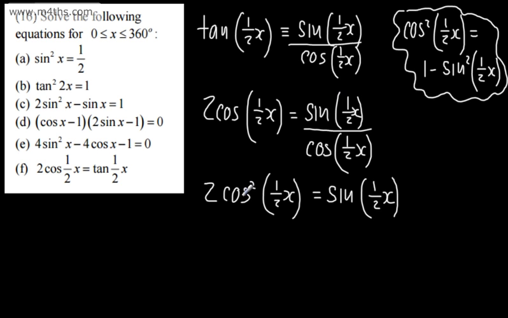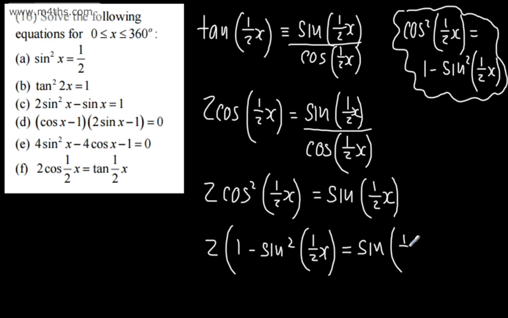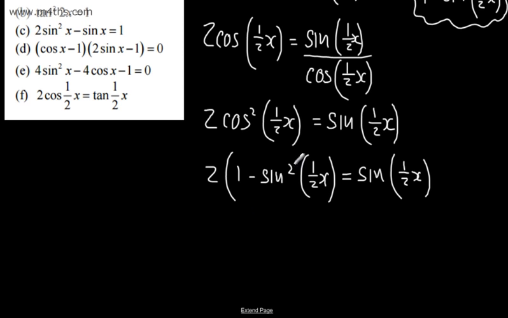So what we've got then is 2 lots of 1 minus sine squared of 1/2 x, and that will be equal to sine of 1/2 x. If I multiply this out and bring everything to the right hand side, we're going to have negative 2 sine squared of 1/2 x.